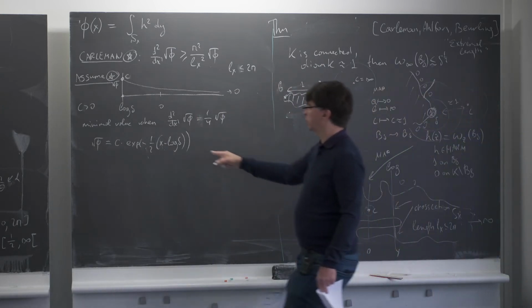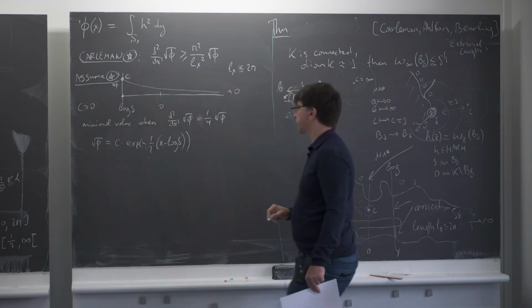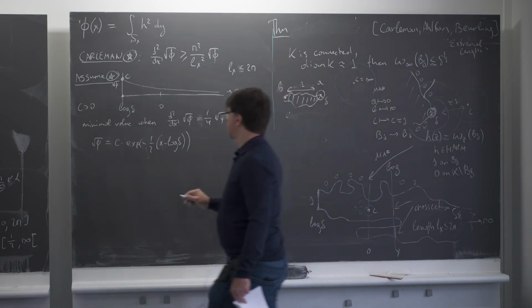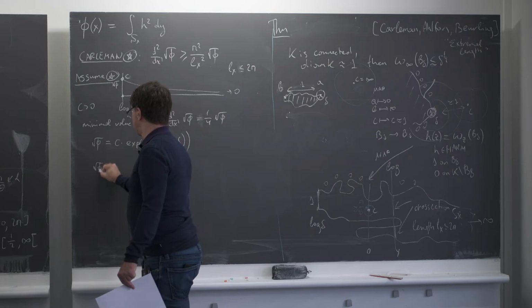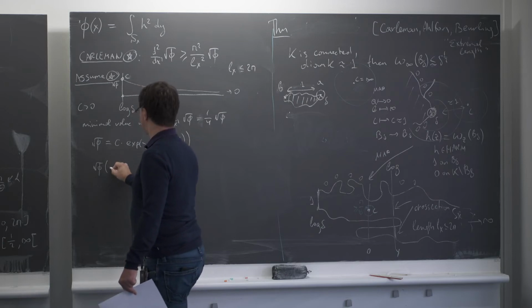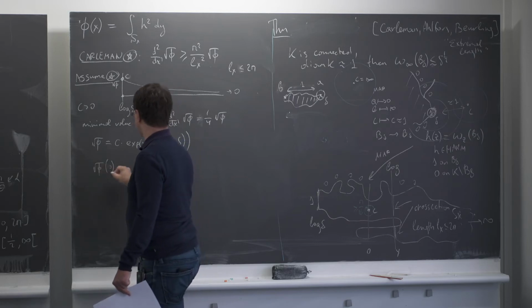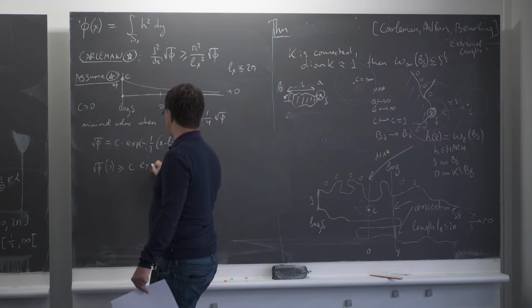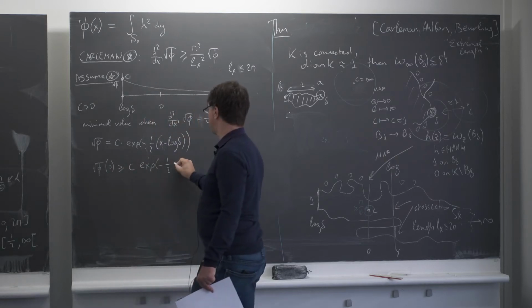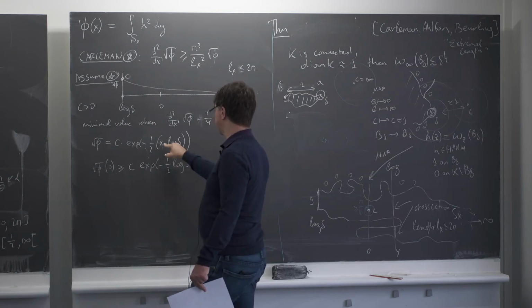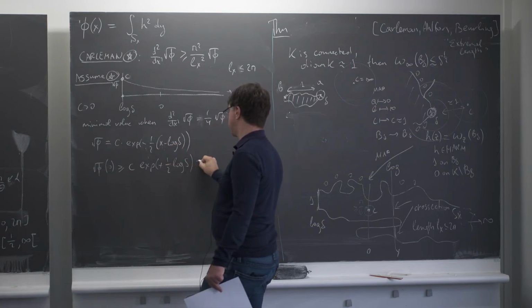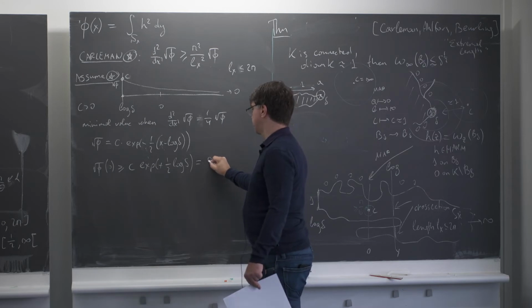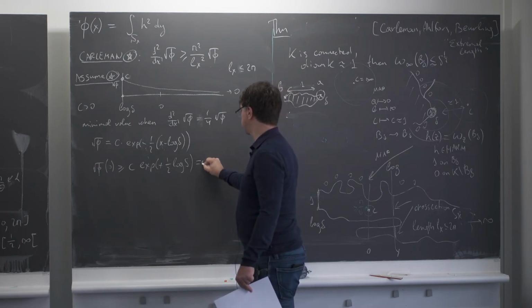When we plug in log delta, we just get a constant. So we get that the square root of phi at 0 is always at least a constant times exponential of minus 1/2 log delta, minus log delta plus log delta. So it's equal to delta.